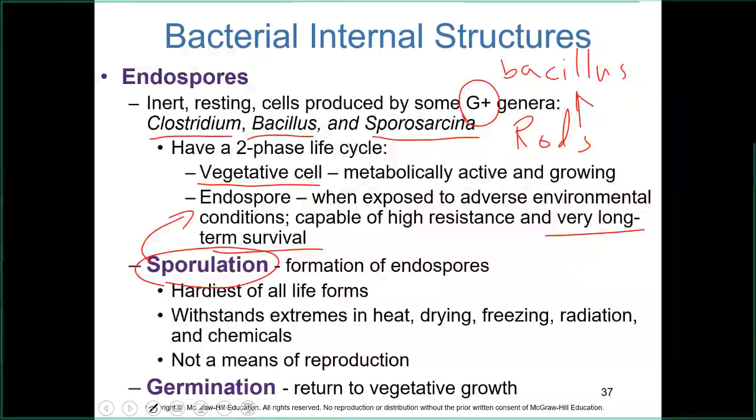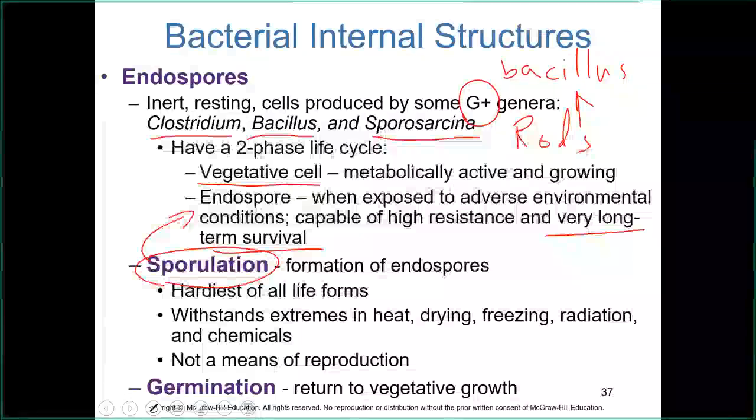Endospores are about survival. Ultimately, if they weather the challenging conditions and good conditions return, they may then reproduce. But that's secondary to the importance of these as a way to survive. Okay? So endospores represent an approach, an adaptation to survival under challenging conditions.